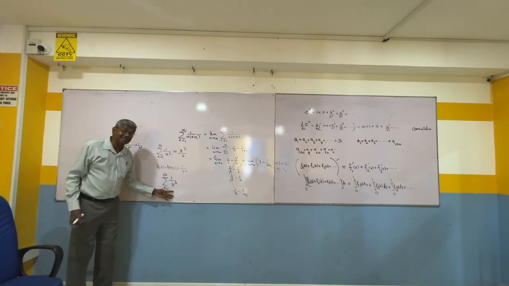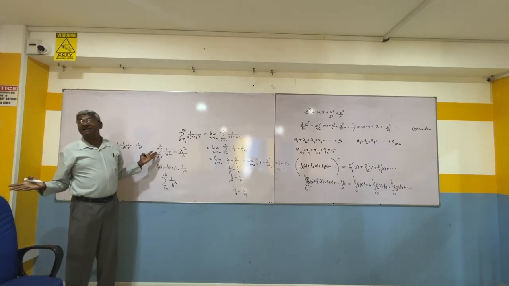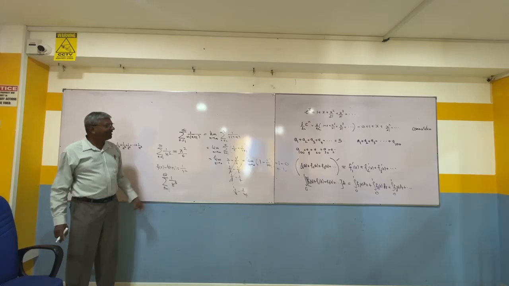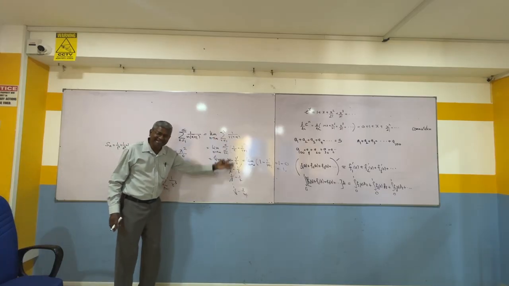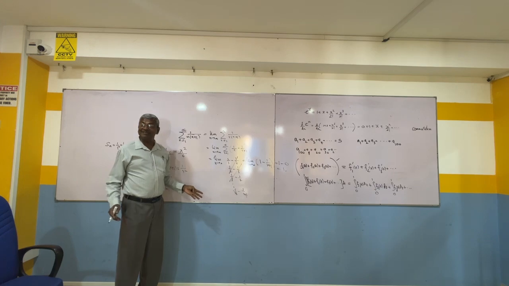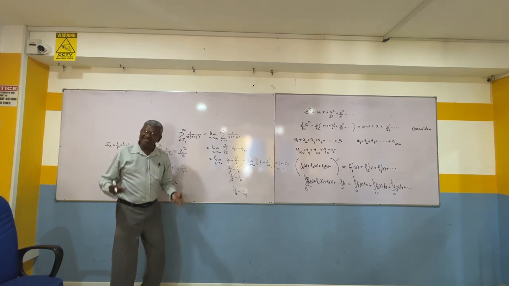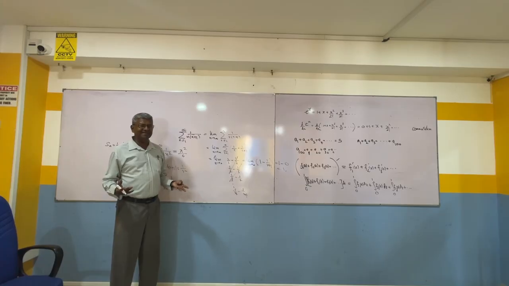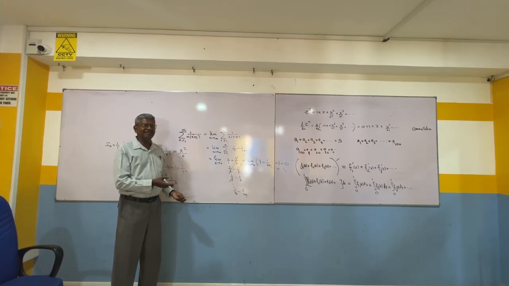Nobody knows to this day whether it is rational or irrational. They are that difficult. We do very easy things, and because we do very easy things, even easy things get difficult for us. If you do difficult things, easy things will be very easy.